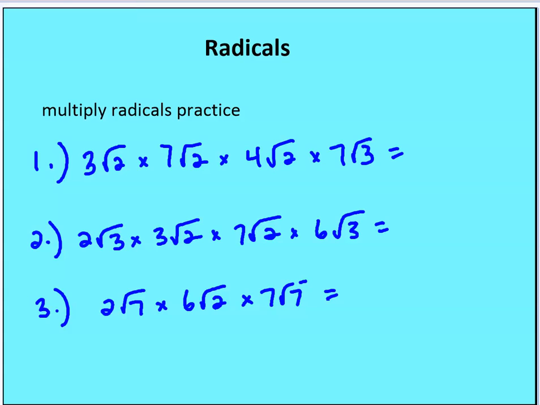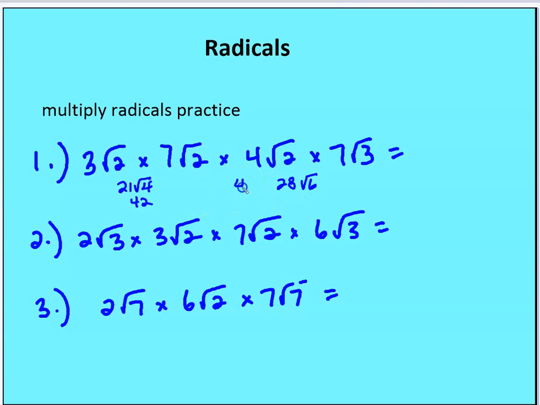All right, so 3 root 2 times 7 root 2 is 21 times root 4. 21 times root 4 is the same as 21 times 2, which is 42. And then I have 4 root 2 times 7 root 3, which is 28 times root 6.